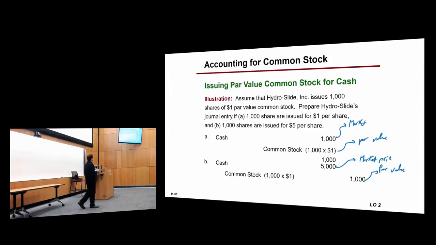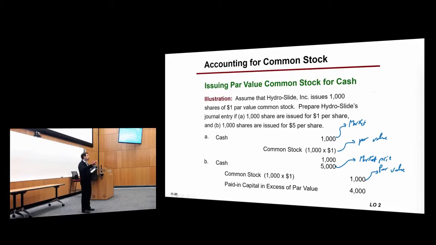What about the remaining part? The $4,000 will be credited to paid-in capital in excess of par value. Do you understand that? When the common stock has a par value, this is the value that the company is required to use to record common stock.